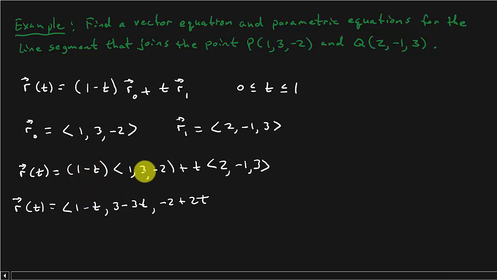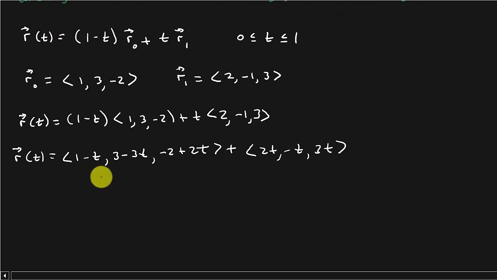All I did was take the 1 times this, the 3 times this, and then the -2 times that. And then that's plus, and I'm going to distribute that t, so that's (2t, minus t, 3t). And then all we're going to do now is just add these vectors together.